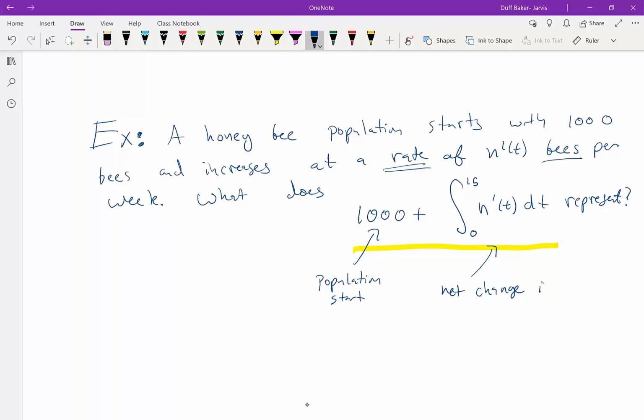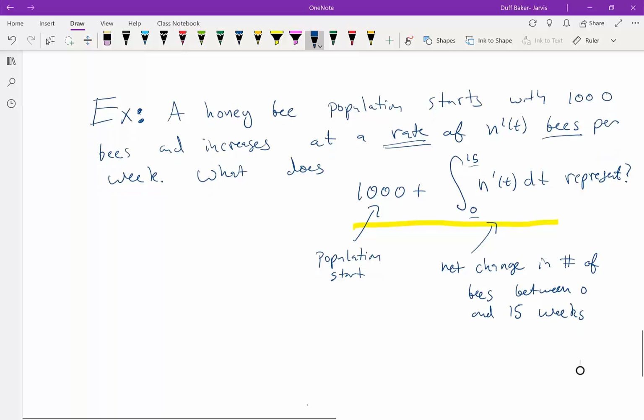So the net change in number of bees between 0 and 15. Now, 0 and 15 always have units of whatever the input is, right? So that would be weeks.